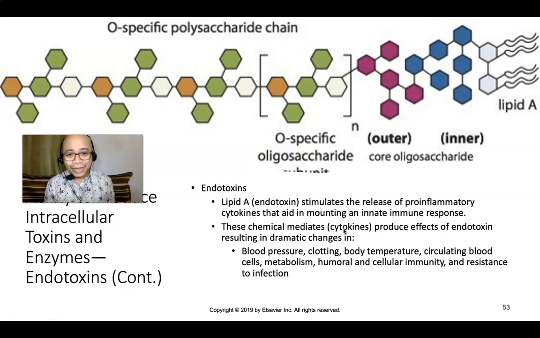Whenever these cytokines are produced, this will of course cause significant dramatic changes in our body, such as changes in our blood pressure, clotting, body temperature, circulating blood cells, metabolism, humoral and even our cellular immune response, and resistance to certain infection. Okay, so this lipid A will actually trigger our immune system to produce the so-called cytokines. By the way, in immunology and serology, we will have a separate discussion on cytokines.